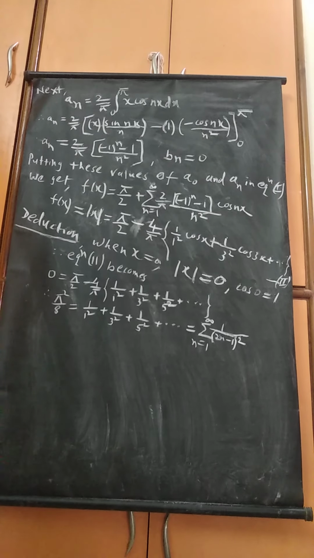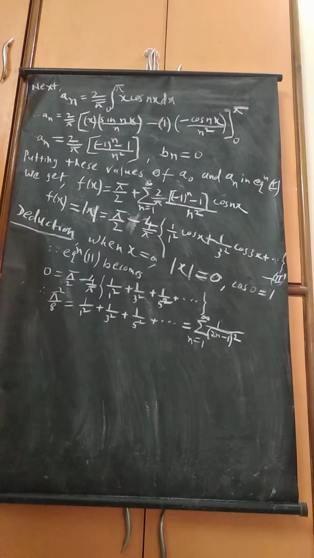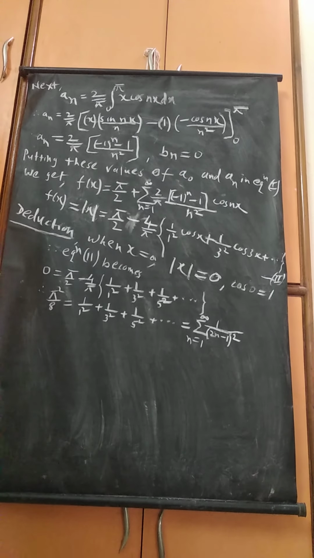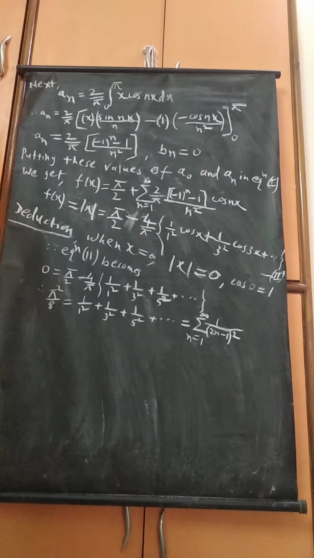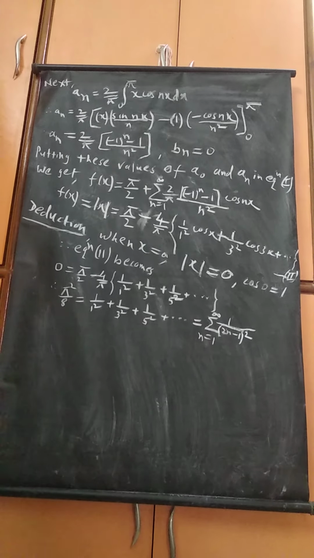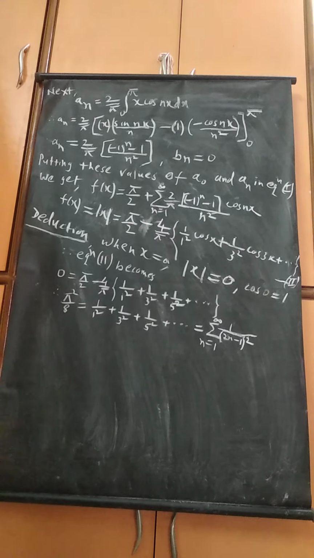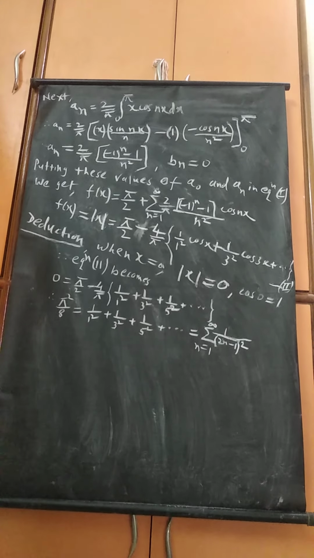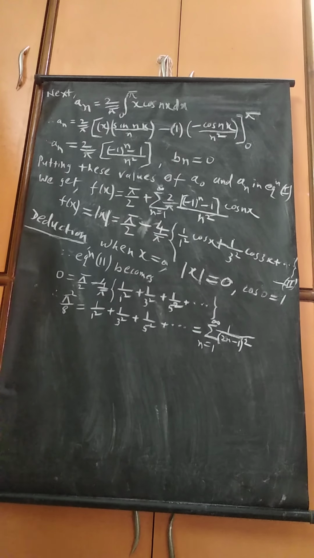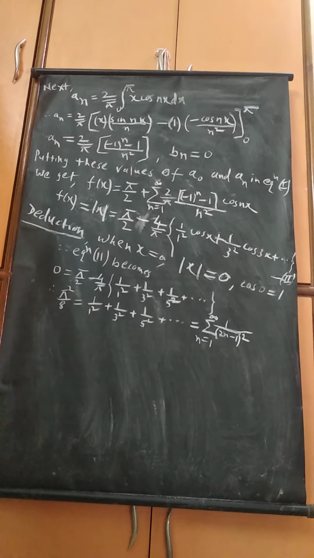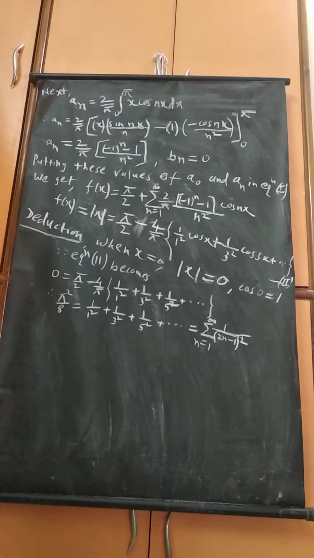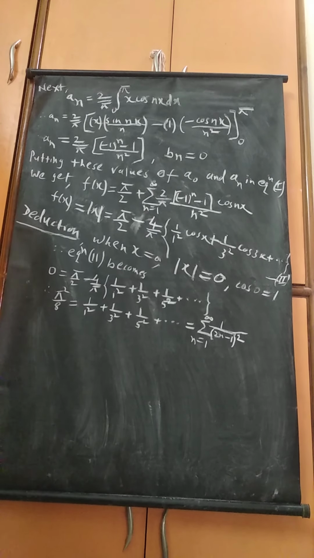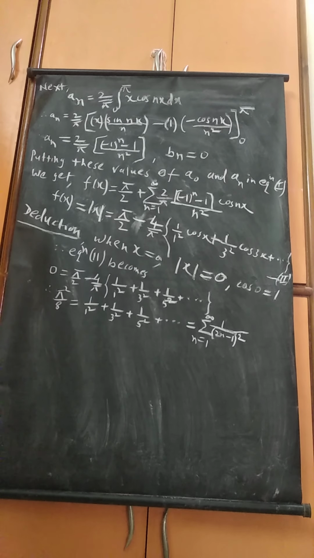Why? Because our function is an even function. Putting these values of a0 and a_n in equation 1, we get f(x) = pi/2 + summation n from 1 to infinity 2/pi [(-1)^n - 1]/n^2 cos nx.